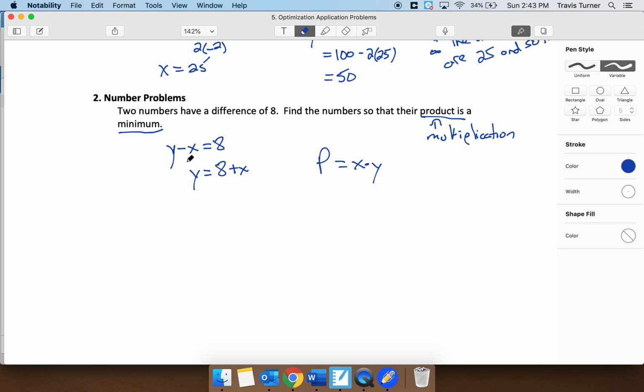So what I'm going to do again is replace, in this case, y with 8 plus x. So I've got x times 8 plus x. I can simplify that, so I get 8x plus x squared. And now I want to find the minimum. So again, first thing I need to do is find the axis of symmetry.